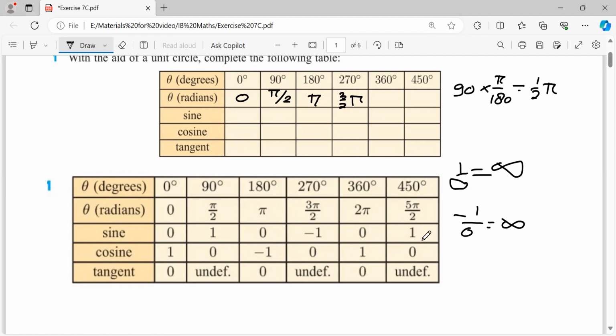So that's why there is no number for 1 over 0. So there's no number for tangent 90, tangent 270, and tangent 450. Okay, let's continue.